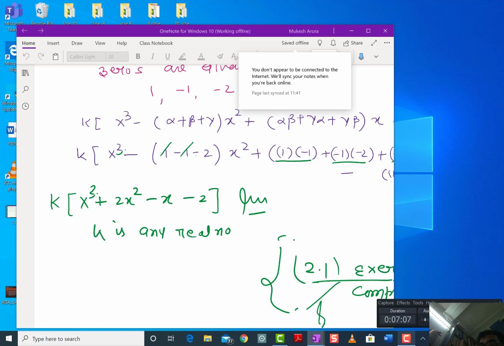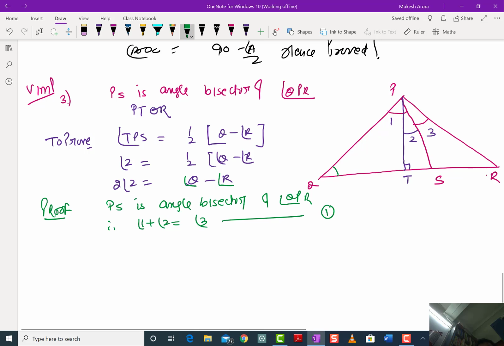PS is the angle bisector of angle QPR. Therefore, angle 1 plus angle 2 is equal to angle 3. This is very important. Now we take triangle PQT. In PQT, angle Q plus angle 1 plus 90 is equal to 180. So angle Q is equal to 180 minus 90 minus angle 1, or angle Q is equal to 90 minus angle 1.